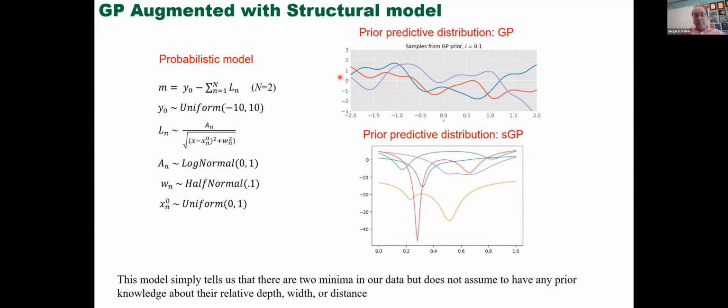For those of you who are familiar with the Gaussian process, this is how the prior distribution looks in the normal GP. Your mean function is 0, and this is just a correlation kernel. And this is how the prior predictive distribution looks for the structured GP. In this case, your prior functions are functions which are consistent with the physics of the problem, and the priors on their parameters represent the prior knowledge.